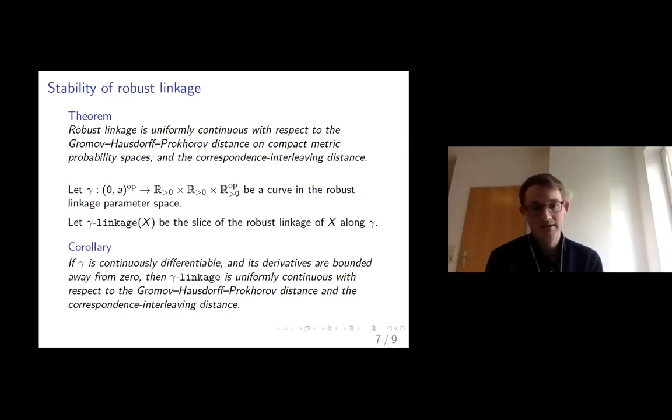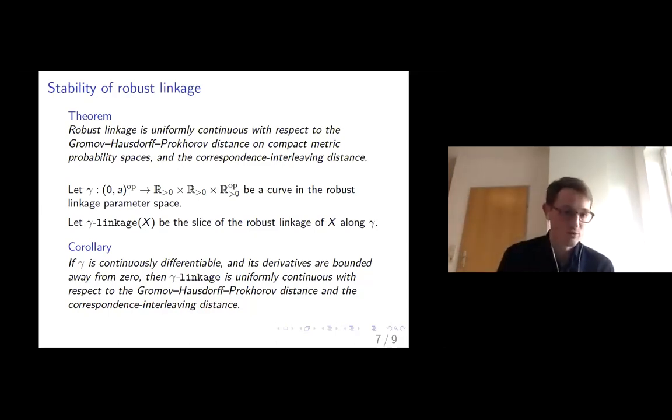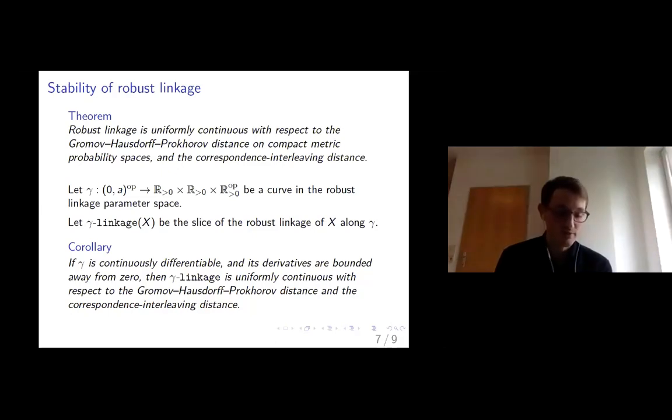And again, if robust linkage is defined with the uniform kernel, then gamma linkage is Lipschitz with a Lipschitz constant that depends just on the derivatives of gamma. And so this is sort of well-known behavior that if you use slices like these ones in which all of the parameters vary, then these slices inherit stability properties from the multi-parameter object that you're slicing.